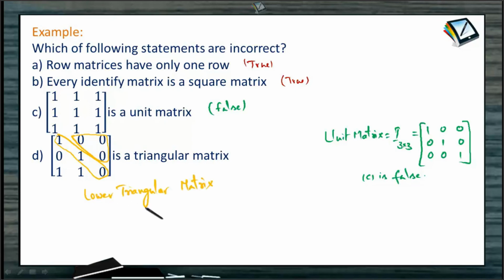By definition, a_ij becomes 0 whenever i is less than j, right? Then such a matrix is called a triangular matrix. So even the choice given at D is also a true statement. So what is the correct option for this question? Yes, option C is an incorrect statement, that the given matrix is not a unit matrix.